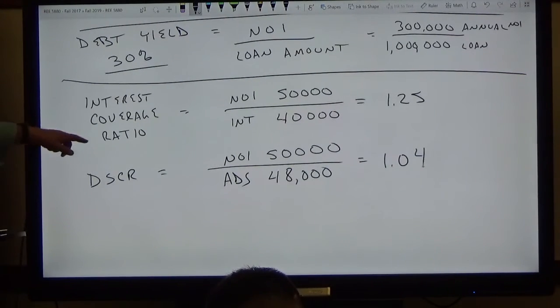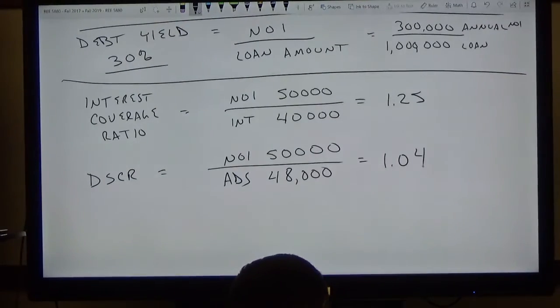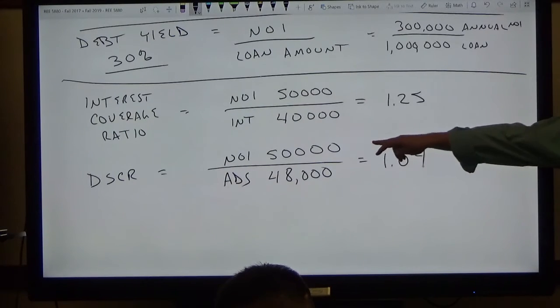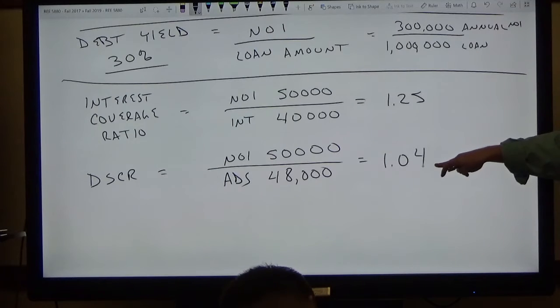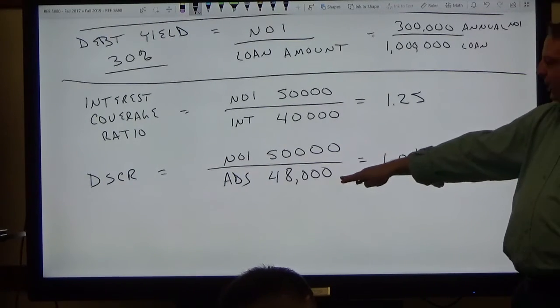Now, for that ratio, most lenders are going to say absolutely not, because that's only a 4% cushion. If your net operating income goes down ever so slightly, that's going to have a dramatic impact on your ability to pay off that note.